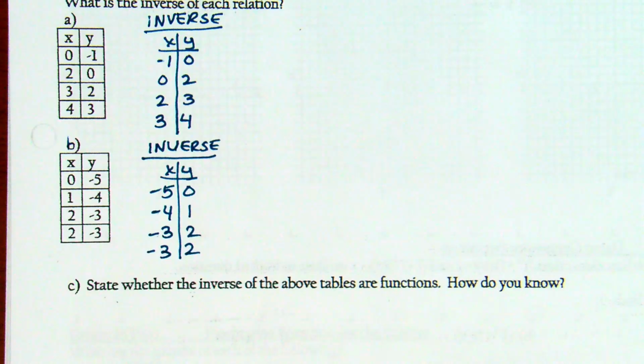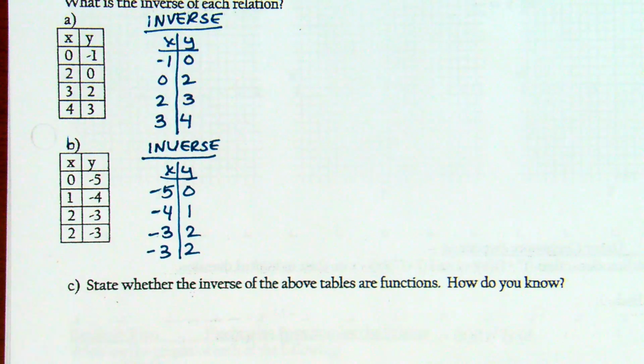You switch them. Now, there's a part C here, and it says to state whether the inverse of the above tables are functions. So, do you remember how to tell if something is a function? If we were looking at a graph, we could talk about the vertical line test.